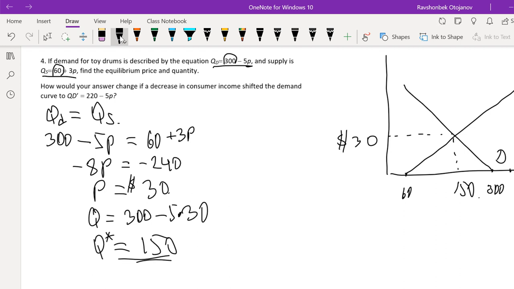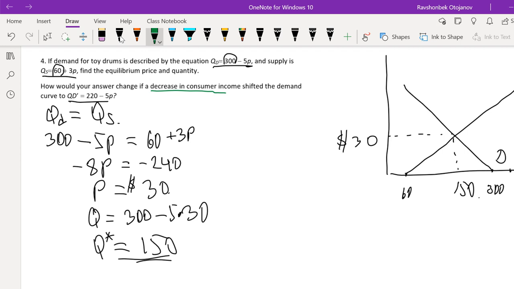Now, how would your answer change if a decrease in consumer income shifted the demand curve to a new position? So that's 220 minus 5p. Now, shift of demand. When incomes decrease, as you know from our classes, demand will shift to the left.